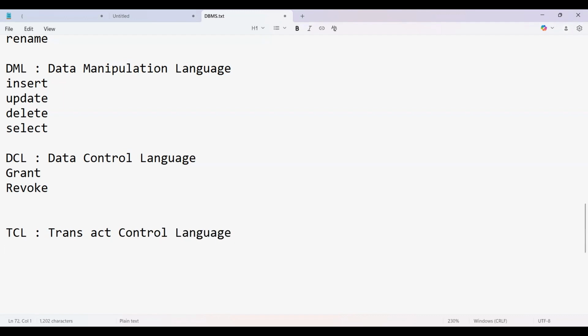Here we see commit and rollback. So these two, commit and rollback.